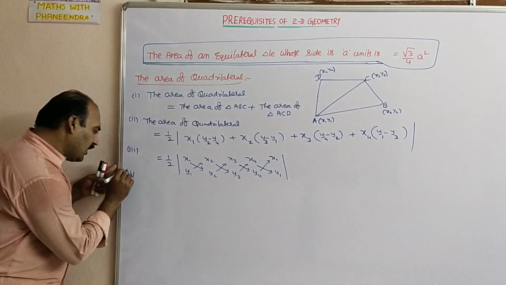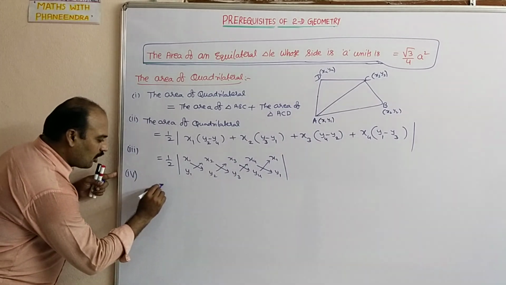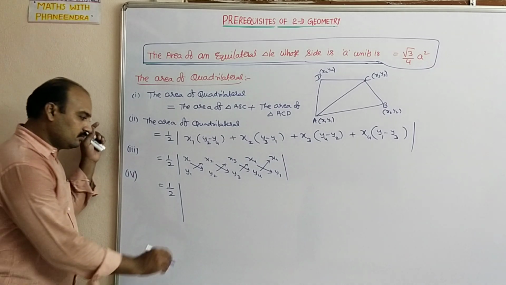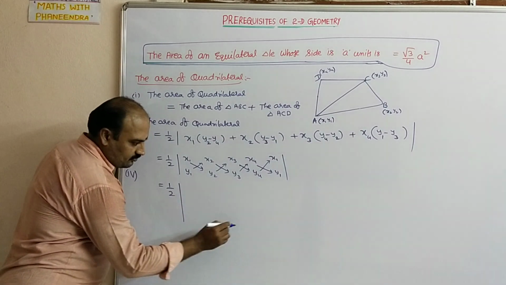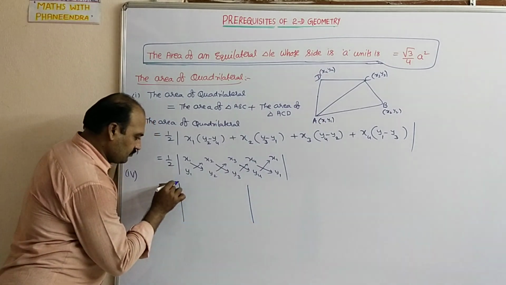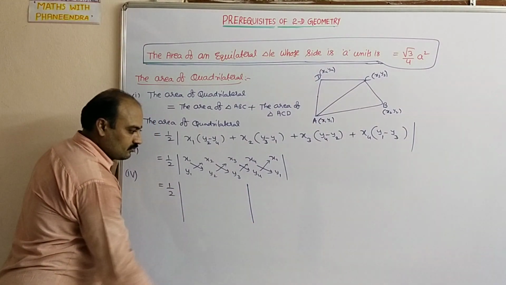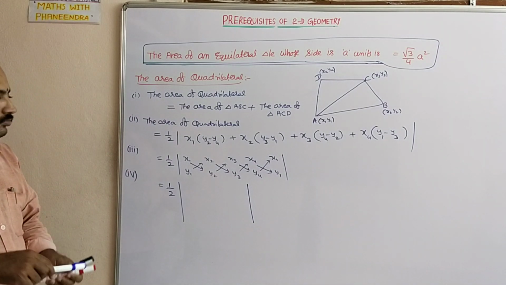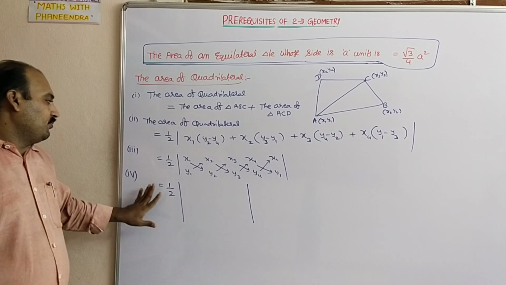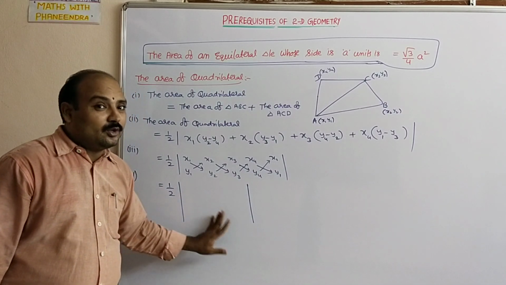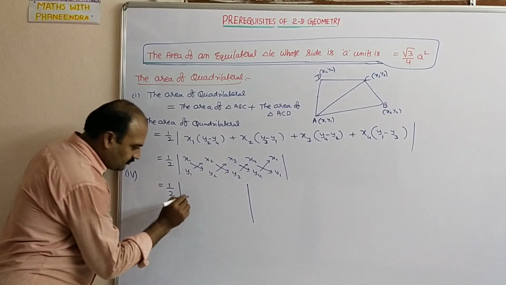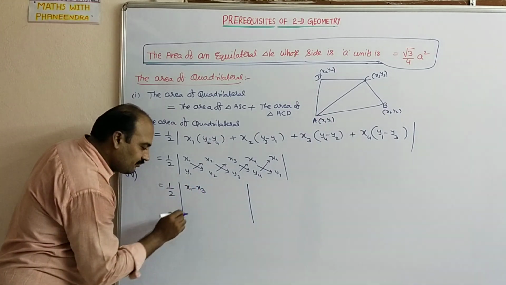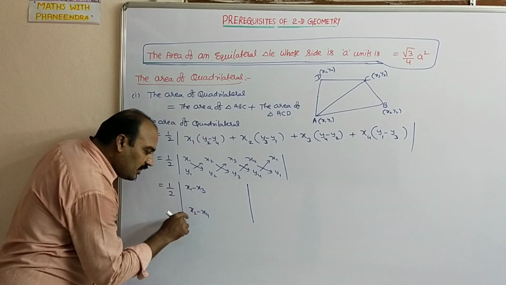And one more, the fourth one: half into a 2 by 2 matrix which we need to get now. Here x1 minus x3, odd numbers, x2 minus x4, even numbers.